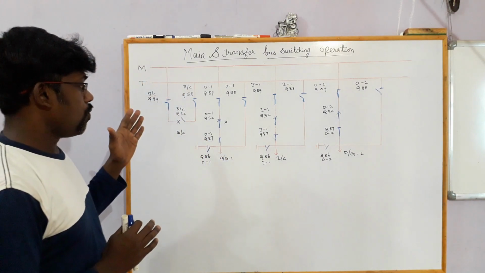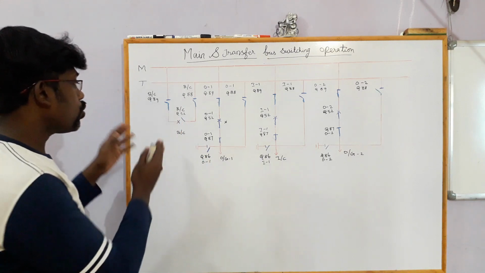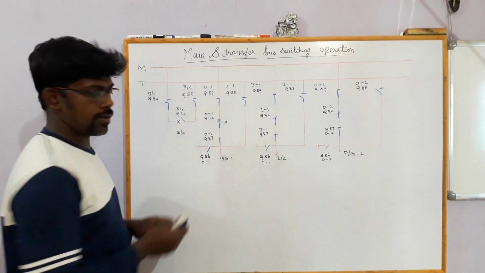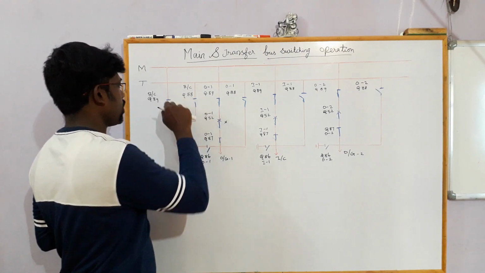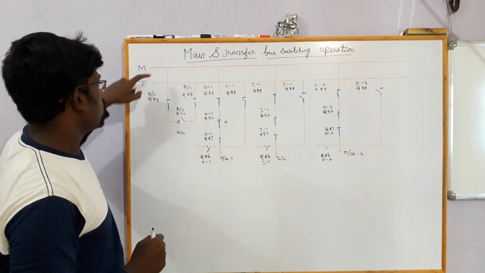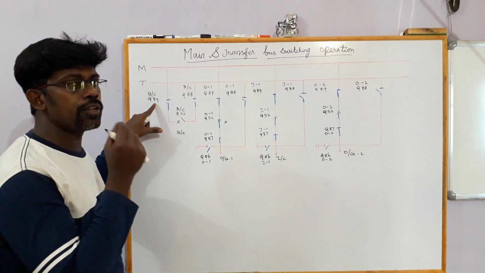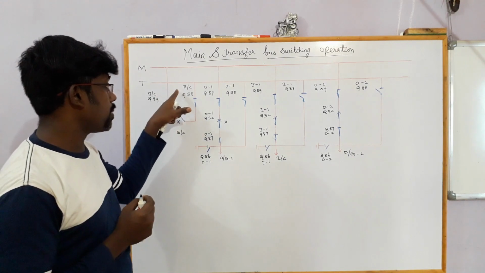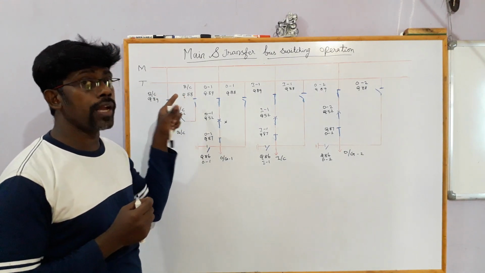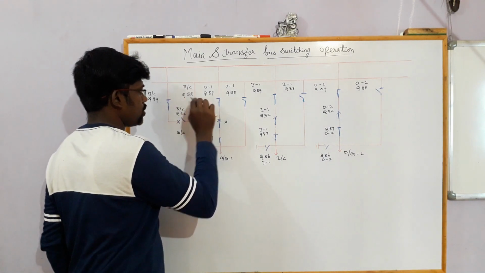For taking this maintenance, the first step we have to do is close this bus coupler. For that, the isolator which is connected to main is always named Q89. The isolator connected with transfer bus has the name Q88.